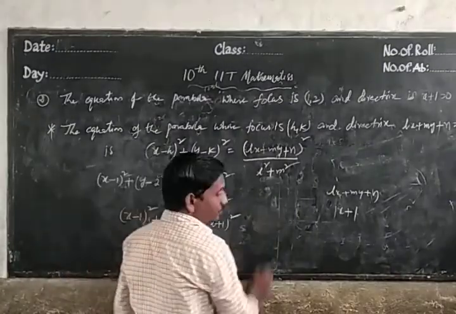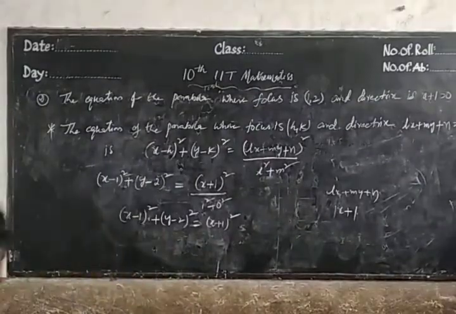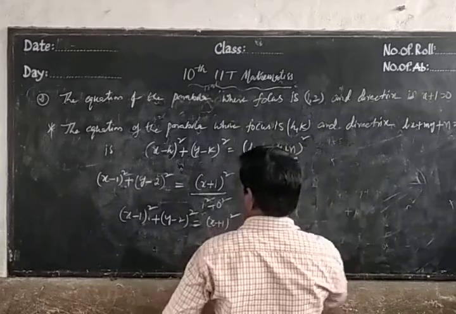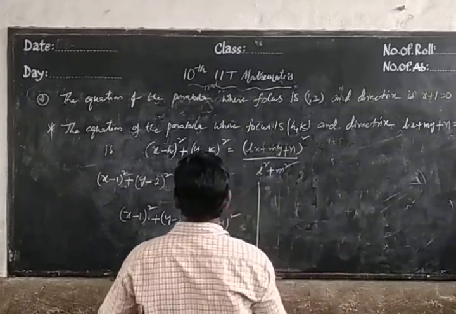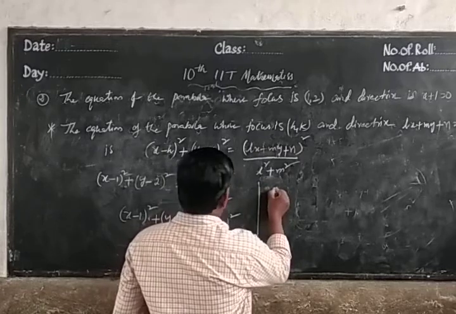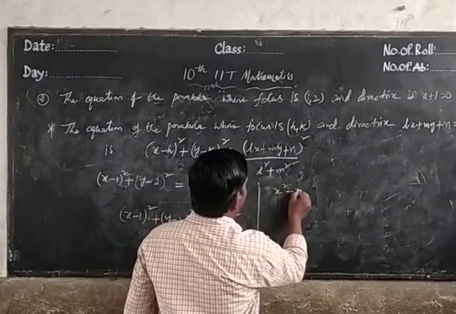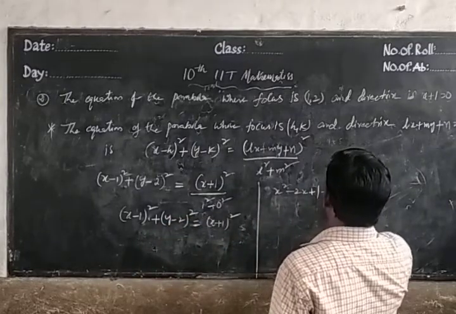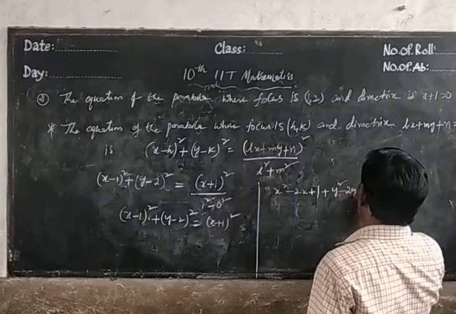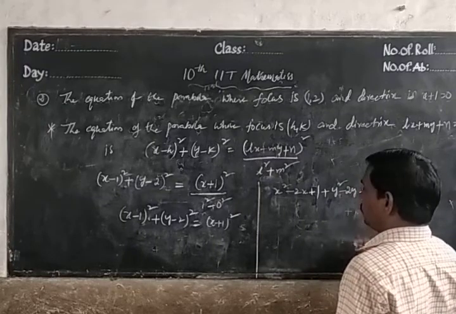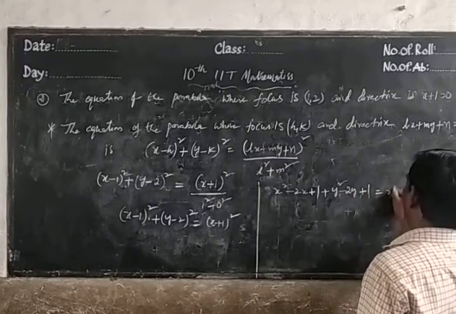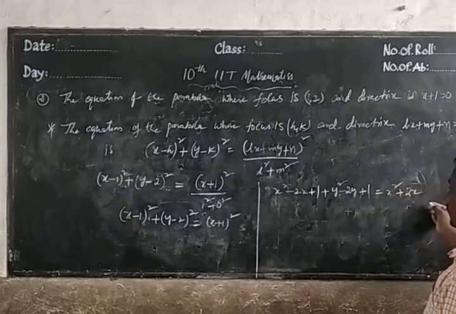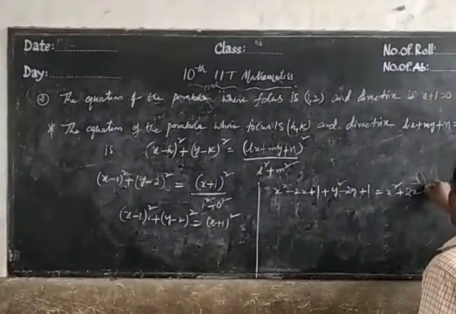So this is x square minus 2x plus 1 plus y square minus 2y plus 1 equal to x square plus 2x plus 1.